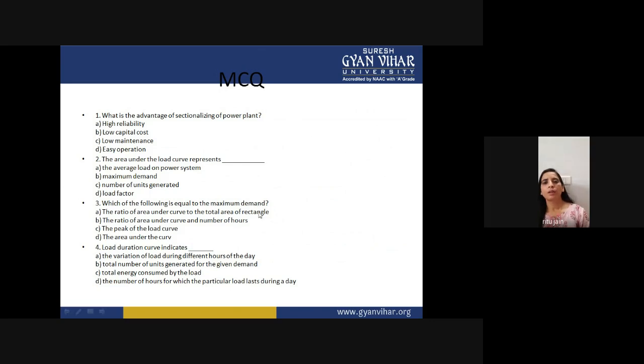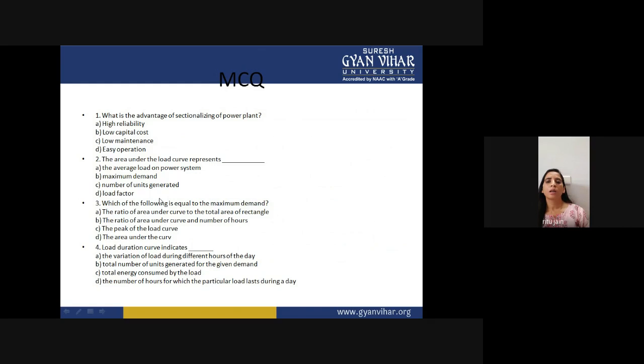What is the advantage of sectionalizing of power plant? That is that you can get high reliability electrical energy, which is very important. The area under the load curve represents the average load on power system, maximum demand, number of units generated, or load factor.